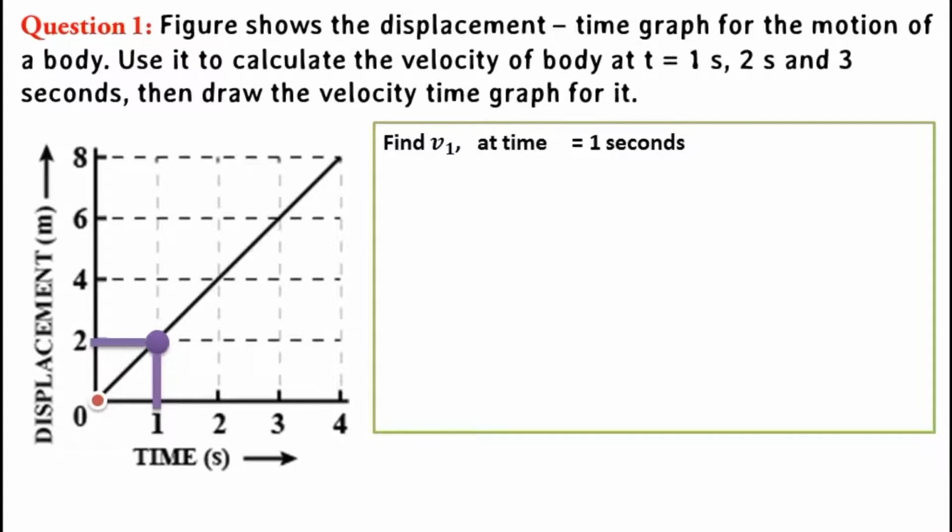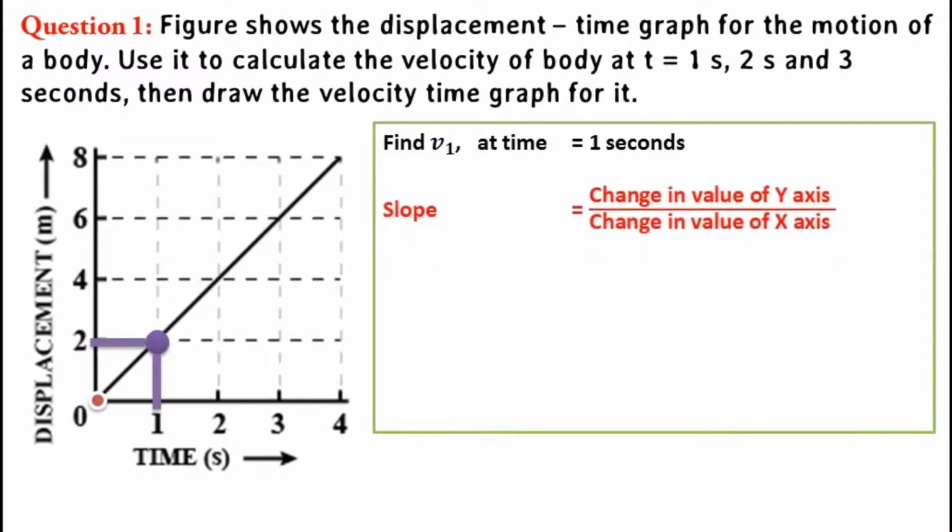Now slope is equal to change in value of y-axis divided by change in the values of x-axis. Please note on the y-axis the values are 2 and 0 and on the x-axis the values are 1 and 0. So slope is equal to 2 minus 0 divided by 1 minus 0, which is equal to 2 divided by 1, and that is equal to 2 meter per second. So velocity at a time 1 second is equal to 2 meter per second.